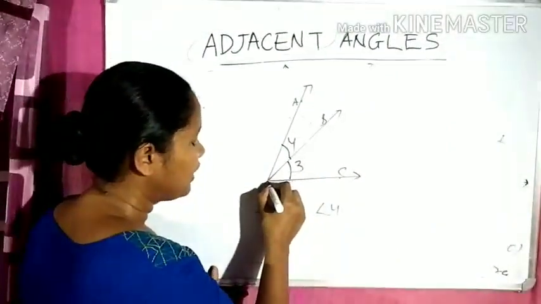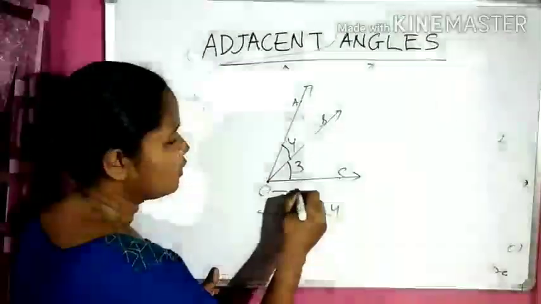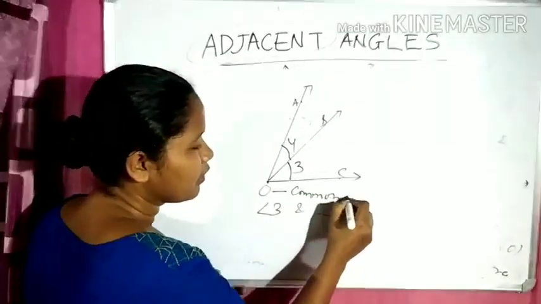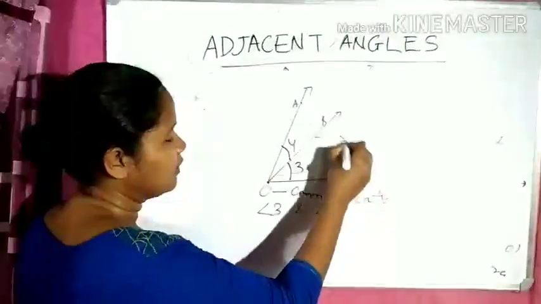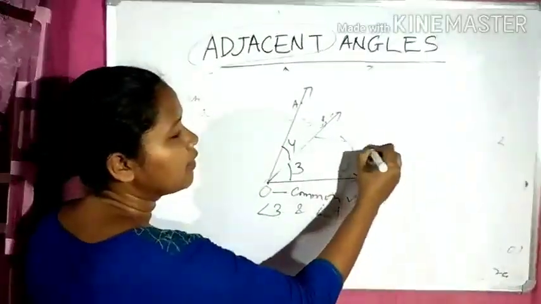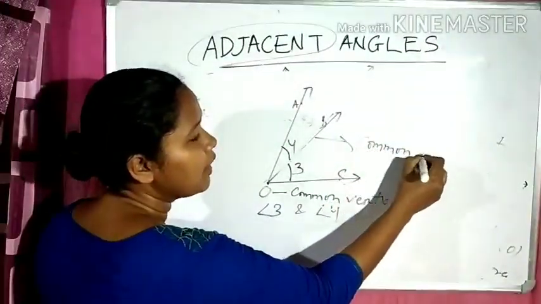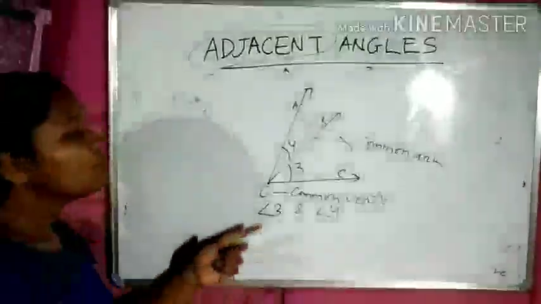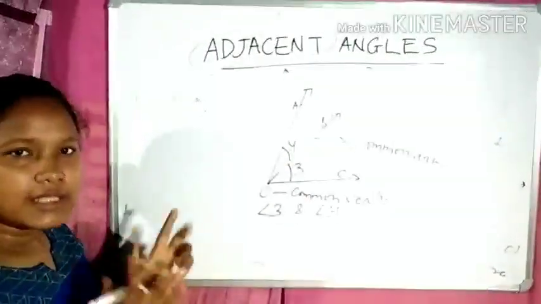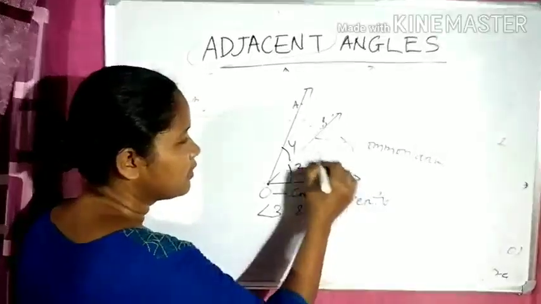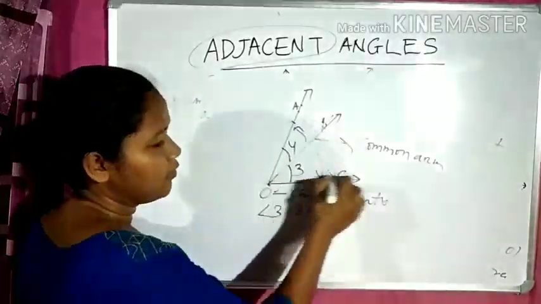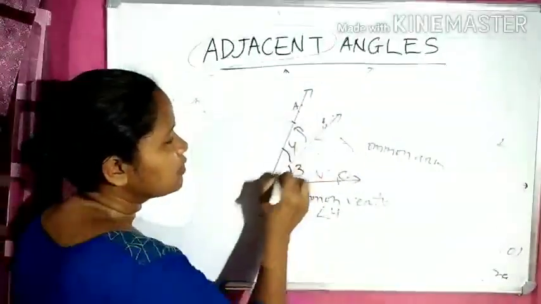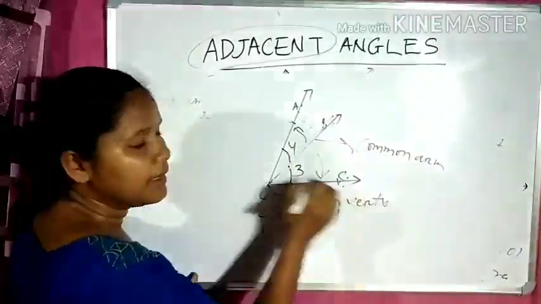Let's see if they have a common vertex. Yes, the common vertex is O. Do they have a common arm? Yes, the common arm is OB. Next, are the uncommon arms on the two sides of the common arm? Yes, they are OA and OC, on the two sides of common arm OB.